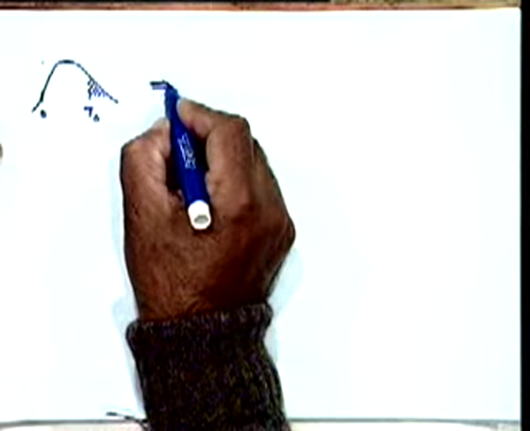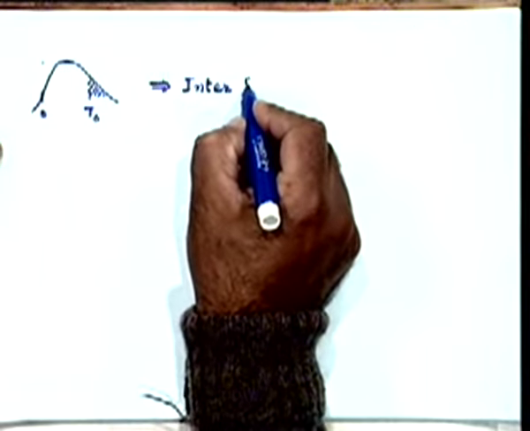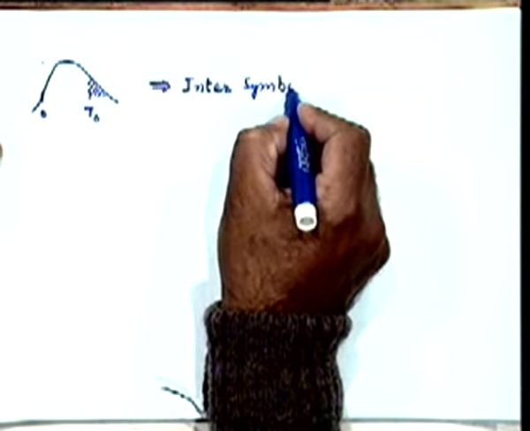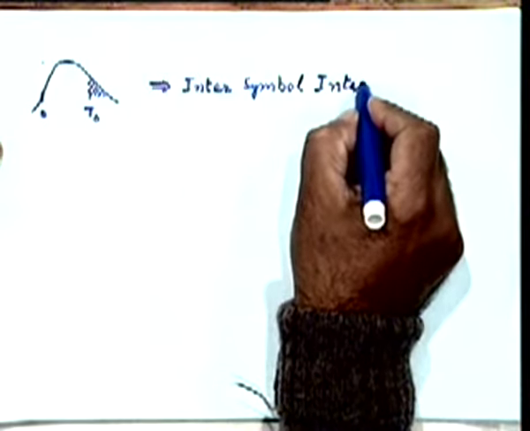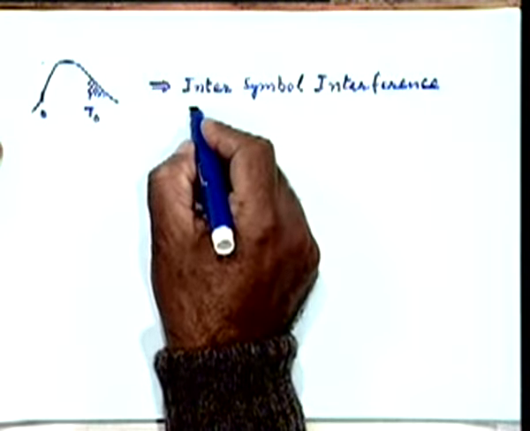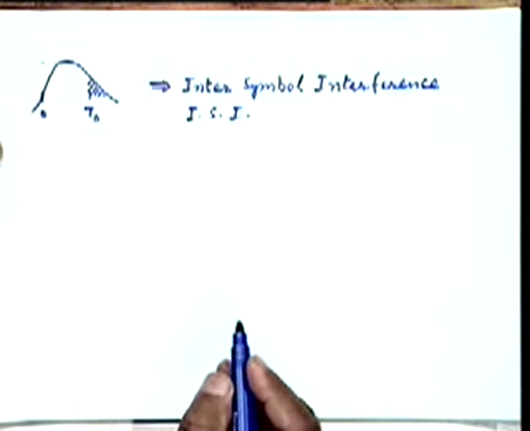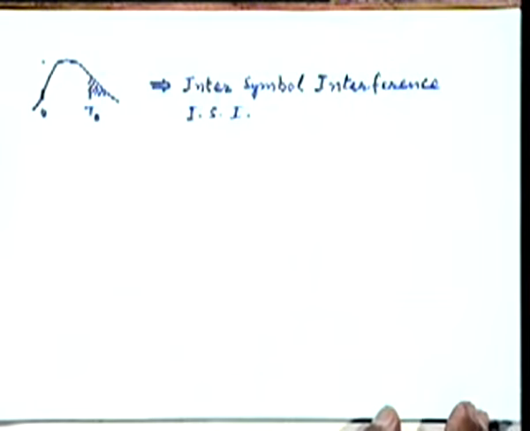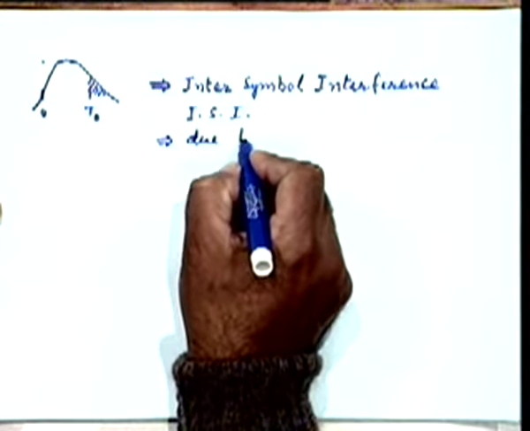Alright? So therefore, we get an effect which is called inter-symbol interference. It's a very serious problem in digital communication in band limited channels. Right? Which we will denote simply by ISI most of the time. We'll have to talk considerably about this effect as time goes. And this is essentially caused due to pulse spreading.